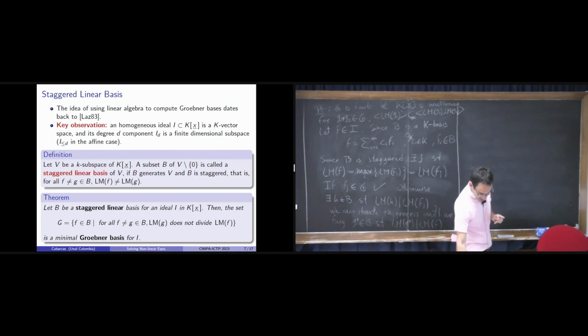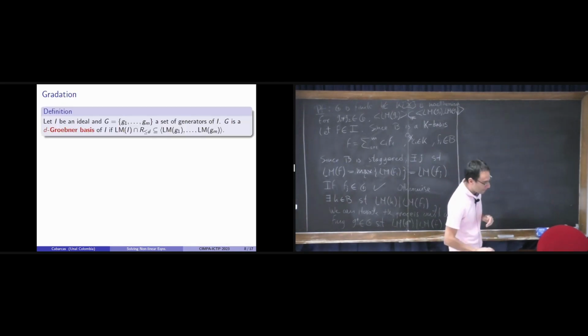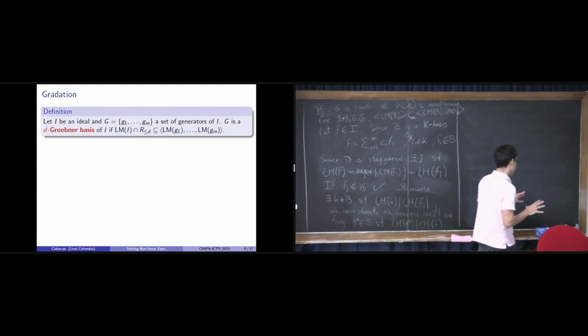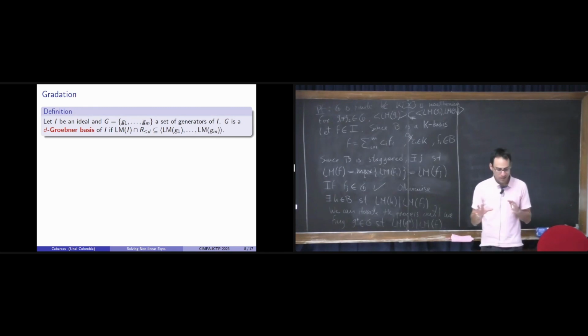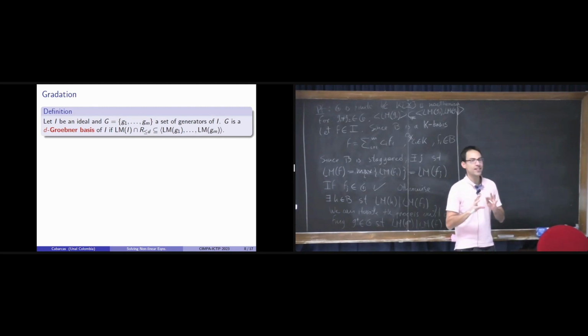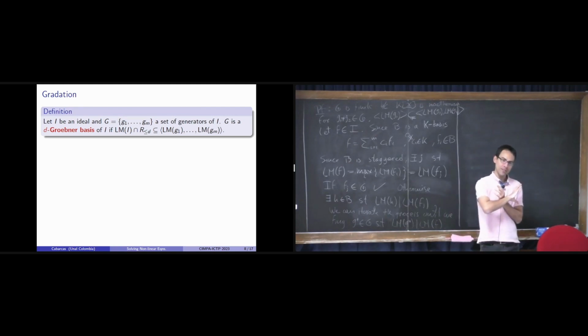However, the trick is that we can do this one degree at a time. Because we can define a notion of the Groebner basis and use the same idea to construct the Groebner basis.